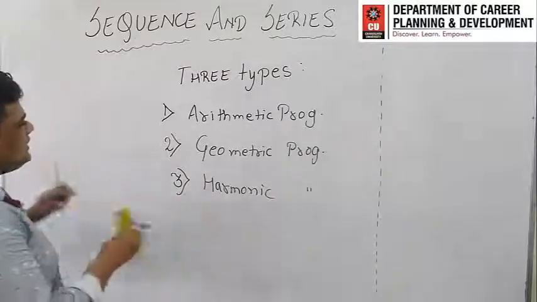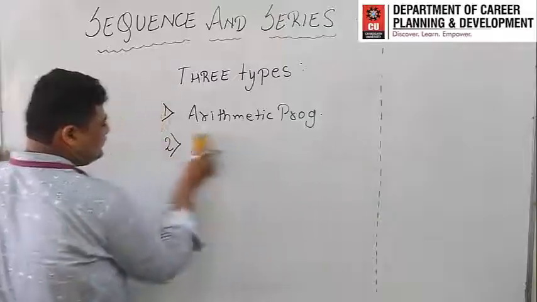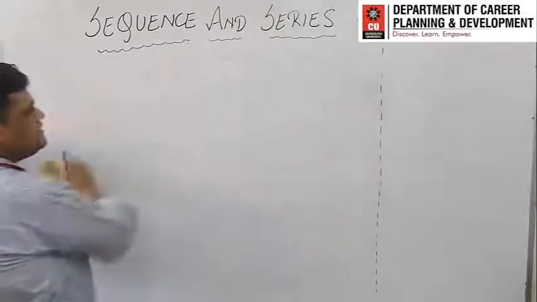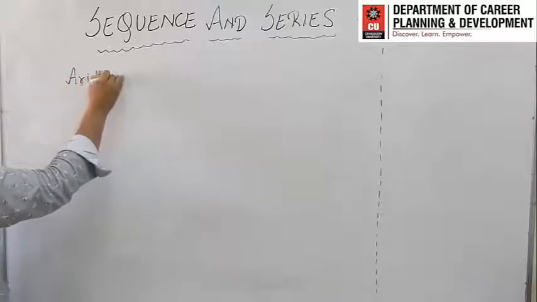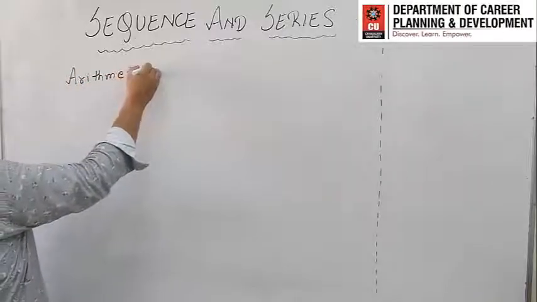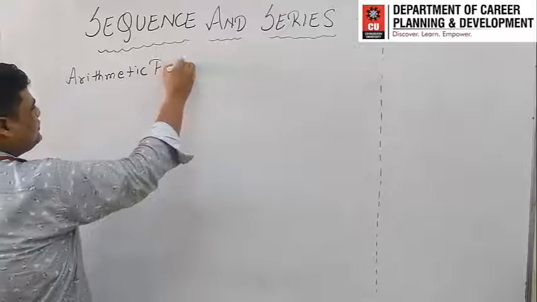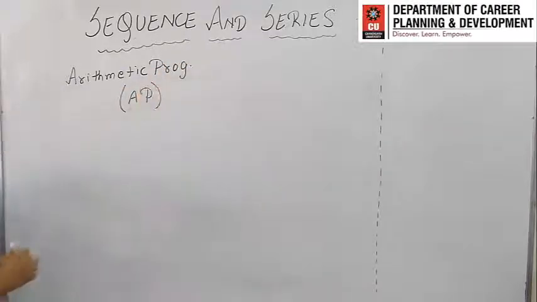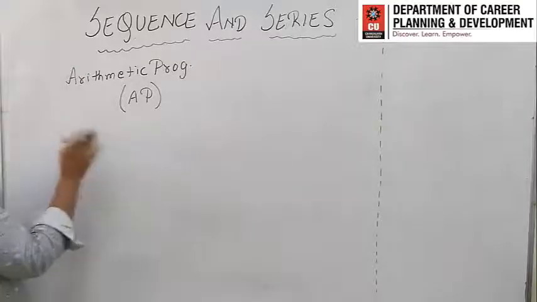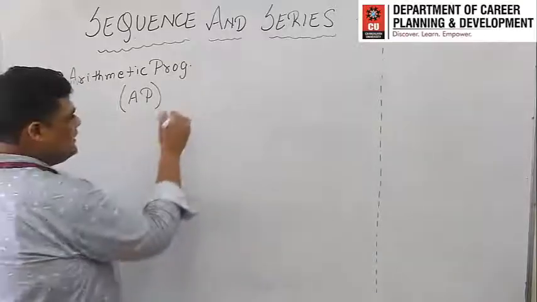Now let us see these sequences one by one, and how to solve the values of these sequences. First we will do arithmetic progression, or generally, as you have heard, AP, the numbers in AP. Now in this we will have two variables.